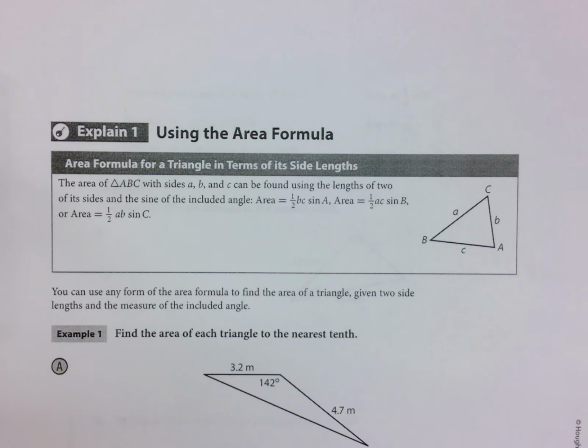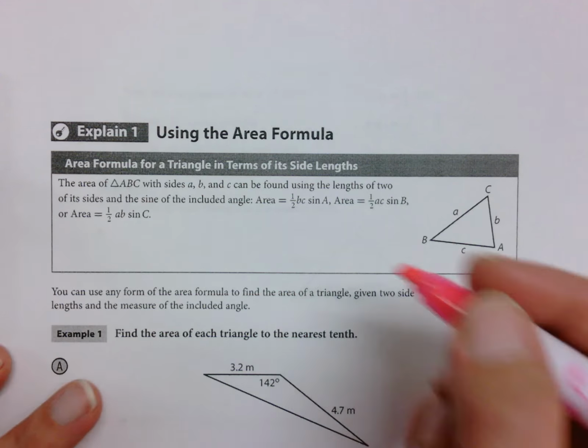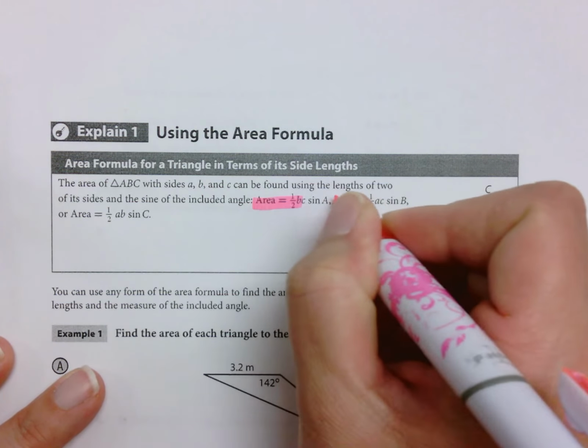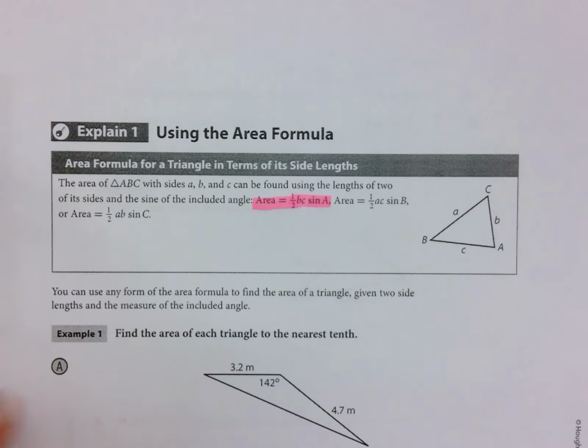However, there is another way to solve for the area of a triangle using a trigonometric ratio. If you know two side lengths of a triangle and you know the included angle between those two side lengths, you can use a formula that says the area is 1/2 a side length times the side length times the sine of the angle measure.